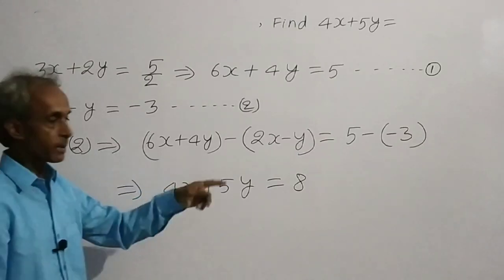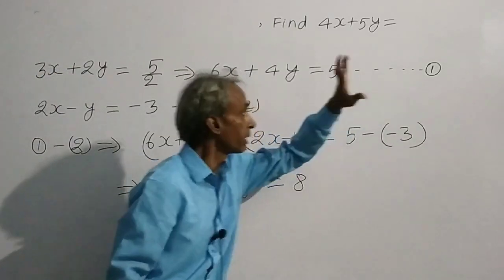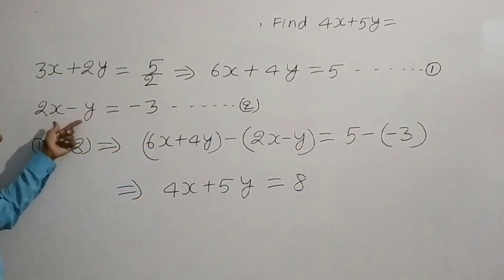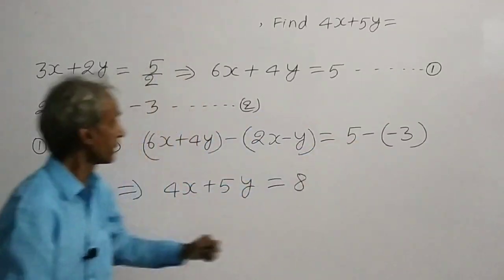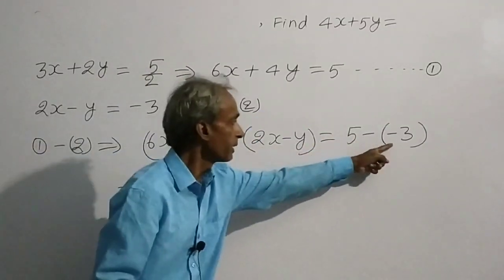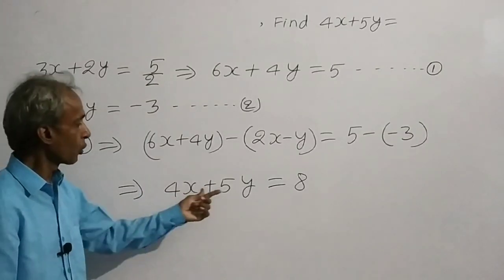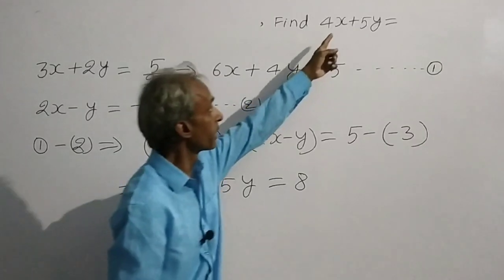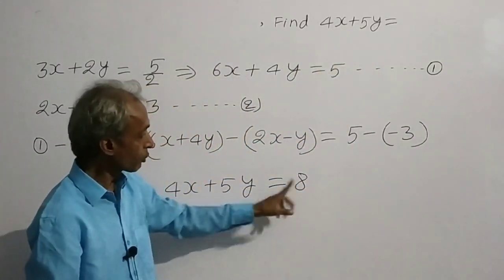Now, subtracting equation 2 from equation 1, we get this minus this is equal to 5 minus 3. This gives value of 4x plus 5y is equal to 8. Value of 4x plus 5y is equal to 8.